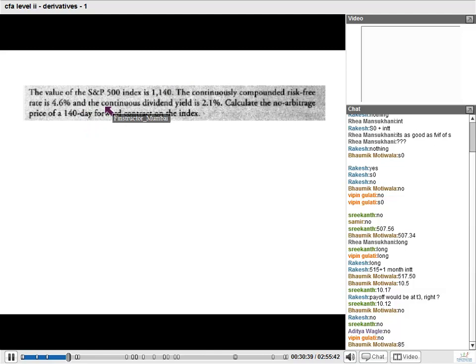The value of the S&P 500 index is 1140. The continuously compounded risk-free rate is 4.6%, and the continuous dividend yield is 2.1%. Calculate the no arbitrage price. If the compounding is continuous, then you will replace S0 by S0 e raised to power minus R star t, so minus 0.021 into 140 by 365.